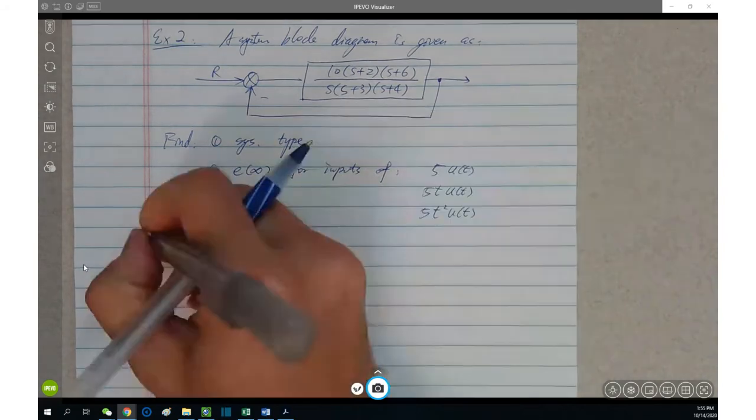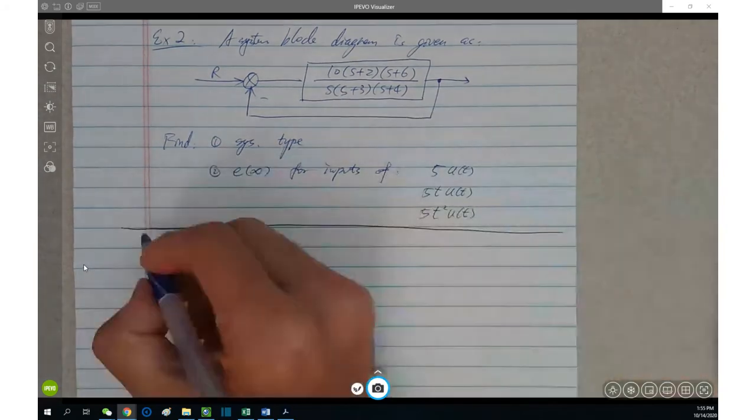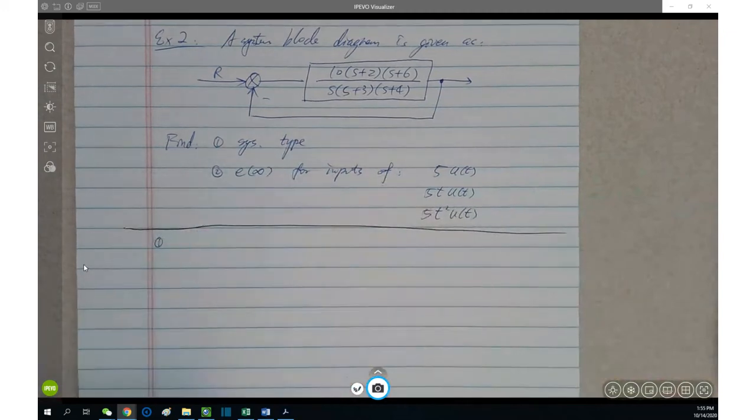First, the system type is fairly easy, right? Even though this time it's a block diagram, you need to understand from the block diagram how you can find the forward transfer function.